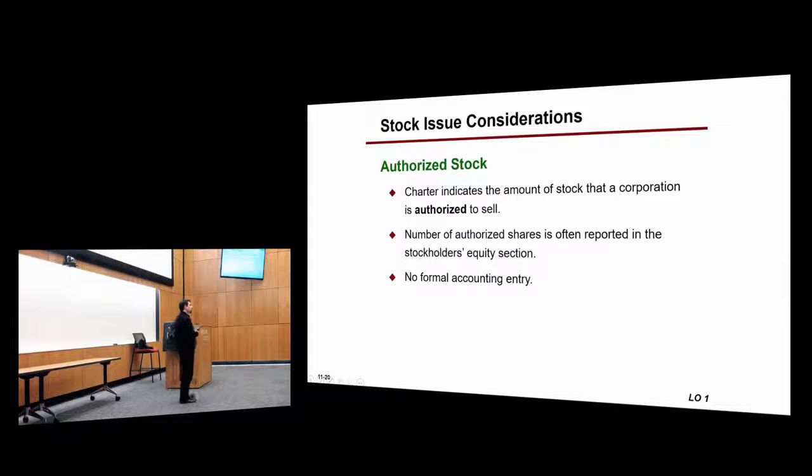Now, you need to understand that getting this authorization of issuing stocks will not lead to an accounting entry. The company has not issued any stocks yet. They have not sold those stocks. The economic event has not happened yet. What happened is that they got the permission to issue stocks. It's when they actually issue stocks that the company will have to record that transaction.